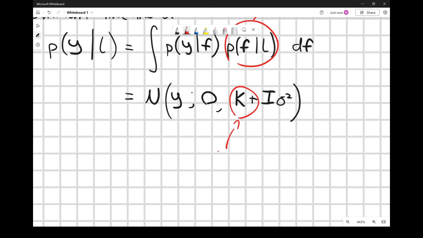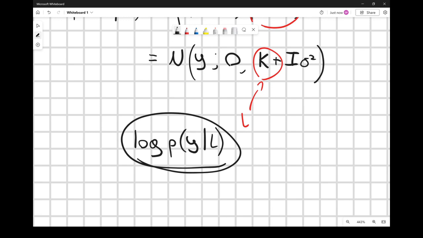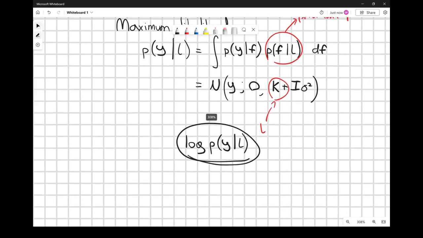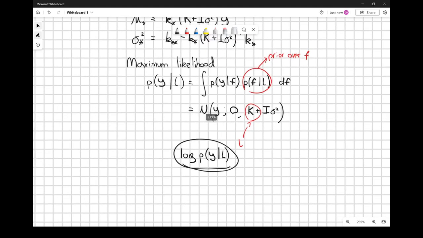Because remember, the elements of k are determined by our kernel, and our kernel contains L. So the most common approach, specifically to avoid numerical issues, is we try and pick the L that maximizes the log probability of y, the data, given L. We don't have a closed form solution for it, so most typically that's tackled with gradient descent, for example. So that ends this introduction.